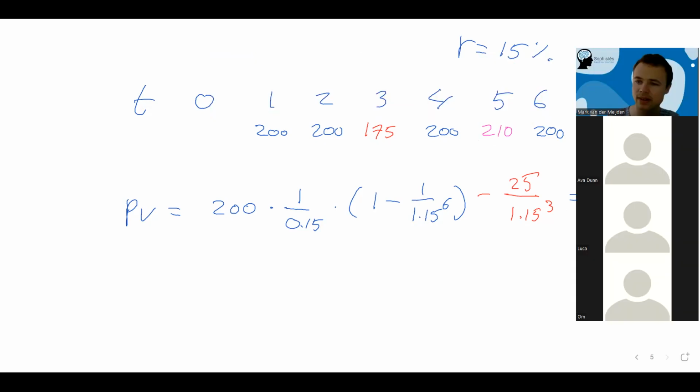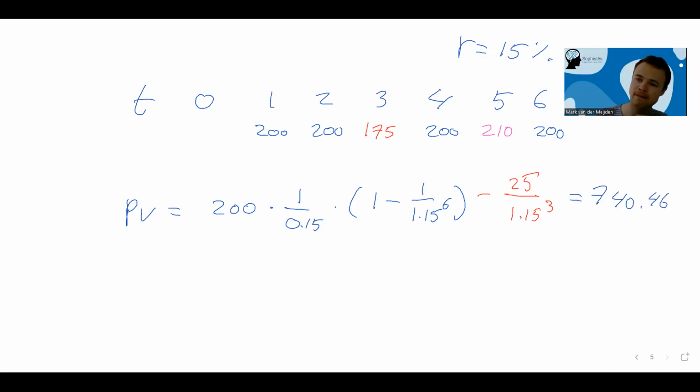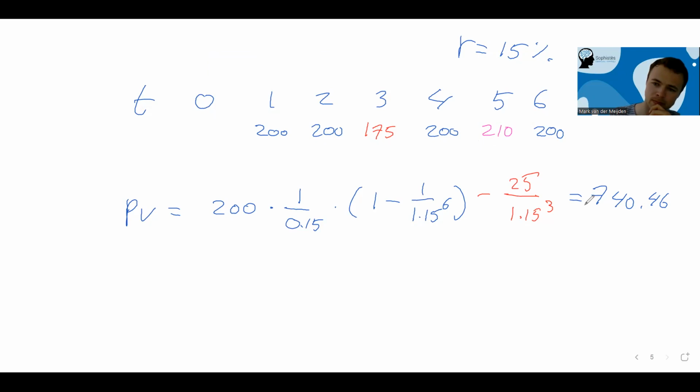What would you do, Luca? Then you would add 10 divided by 1.15 to the power 5, right? To correct for that. That's the whole idea, that you have to see that here. Okay. Does this make sense?